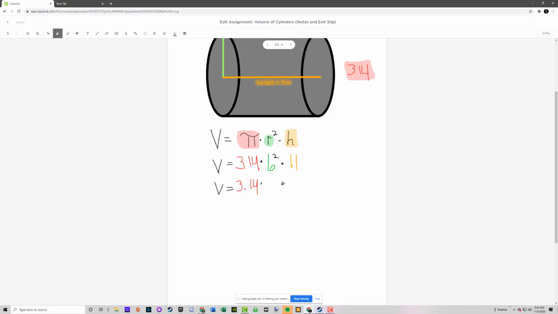Yes, 6 to the power of 2 is 36. Remember, it is not 12. I just said 12 and then I started to write 12. We had to revisit what exponents are in first period today. But remember, 6 to the power of 2 is 2 sixes multiplied together. So 6 times 6, which gives us 36.